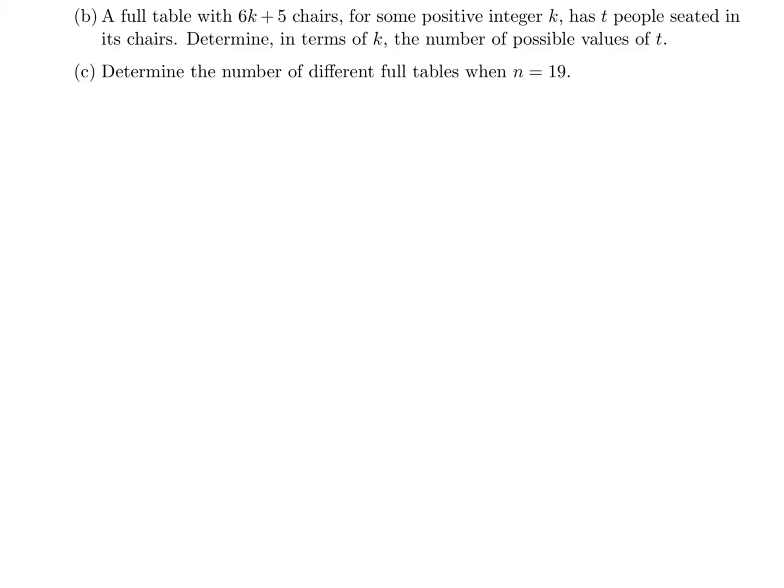Determine the number of different full tables when n is 19. Okay. When n is 19, as before, 6k plus 5 is the number of chairs. But I don't know if that's helpful for us. All right, so let's see if we can get a pattern here. Let's make a table of n and the number of full tables.